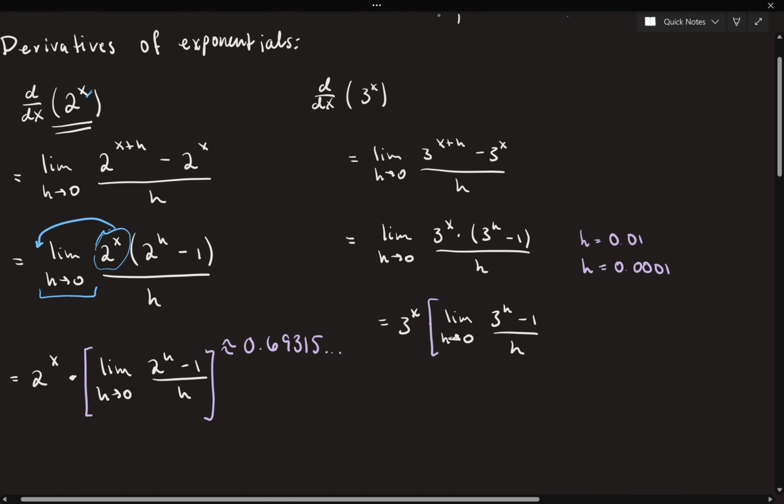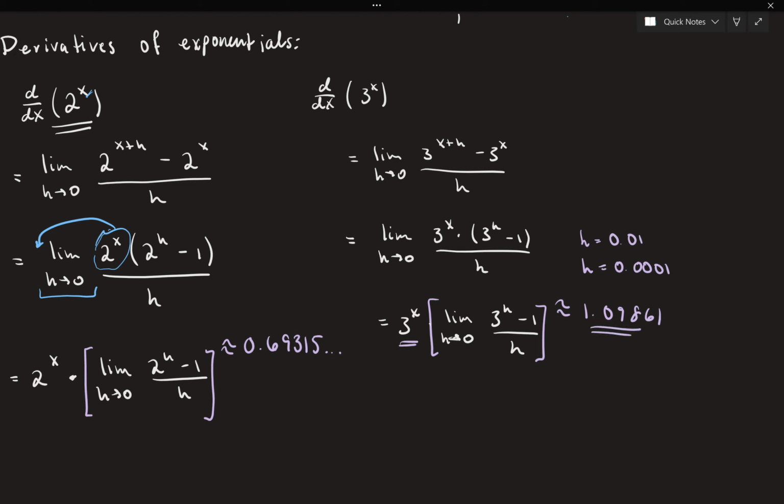I'll get that this limit to a couple decimal places is about 1.09861. So I got 3 to the x times this funky decimal.